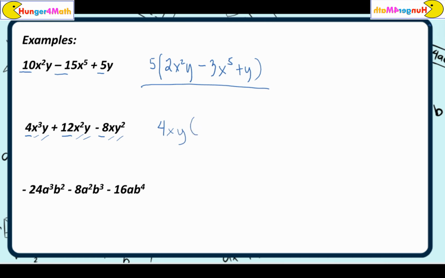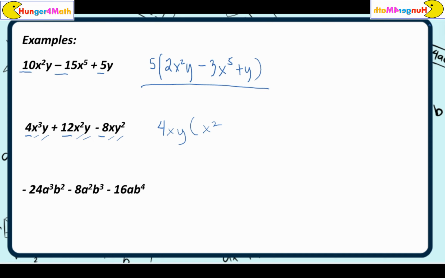Now let's start to divide. 4x to the power of 3 y divided by 4xy: 4 divided by 4 is 1, x to the power of 3 divided by x is x squared, and y divided by y is 1. So our answer is only x squared.